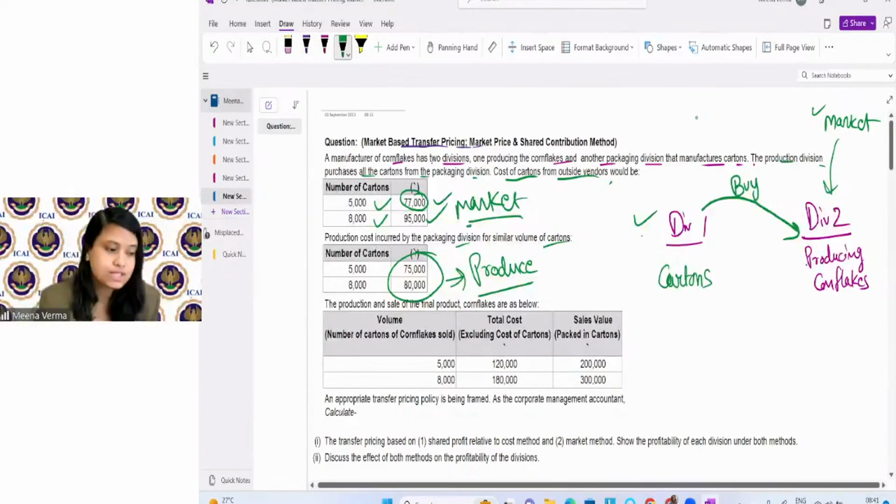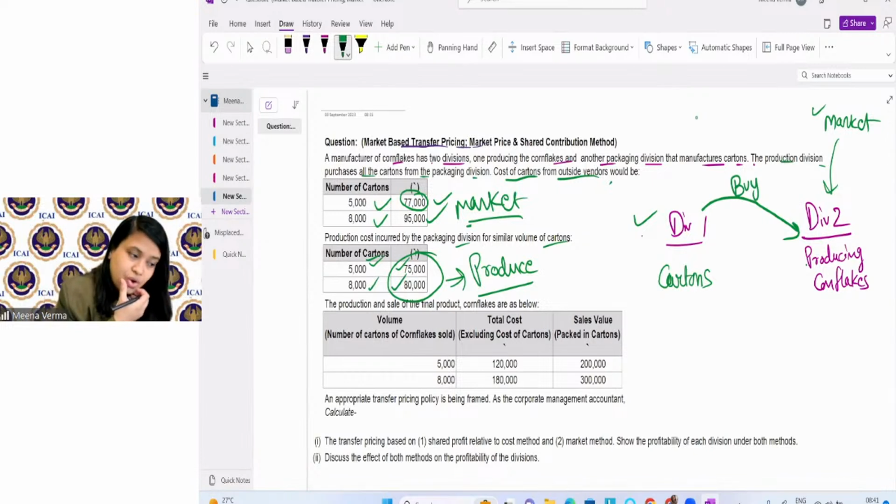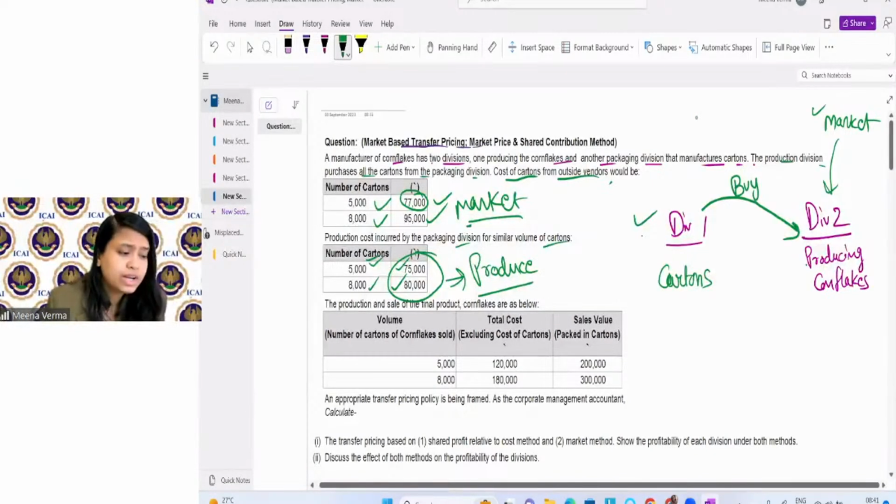So for 5,000, the production cost is 75,000 for the cartons. And for producing 8,000 units, the production cost is 80,000. All right. What next?